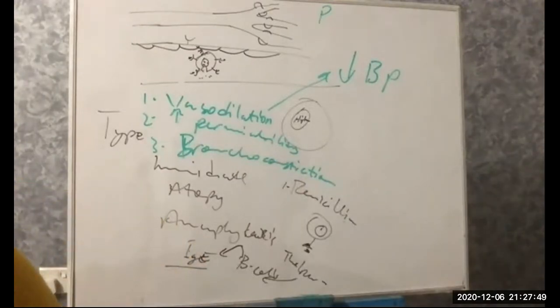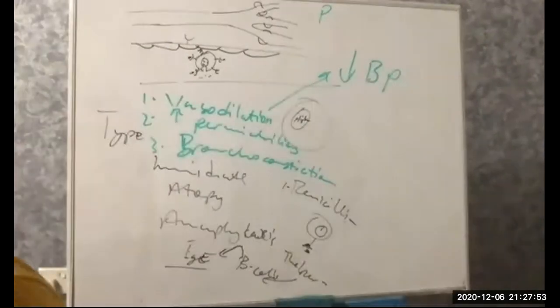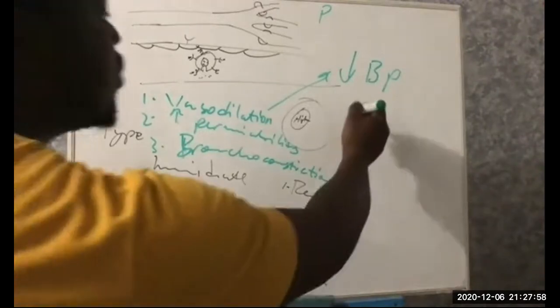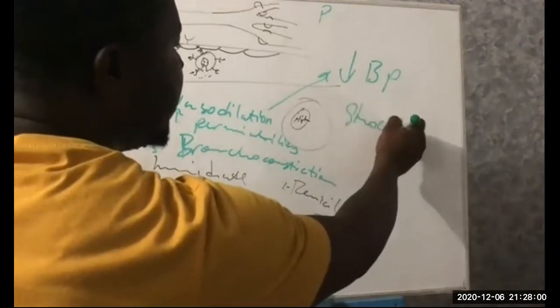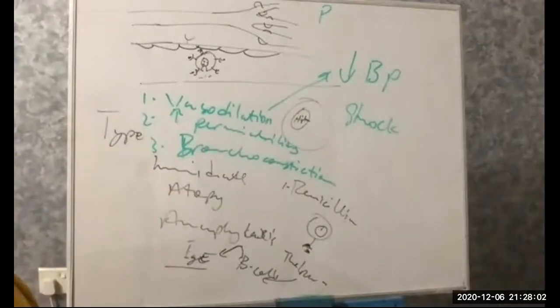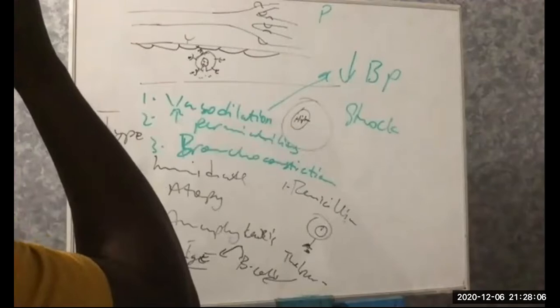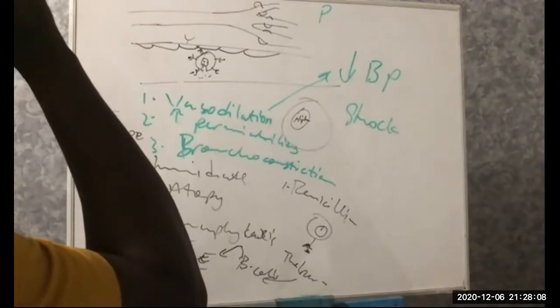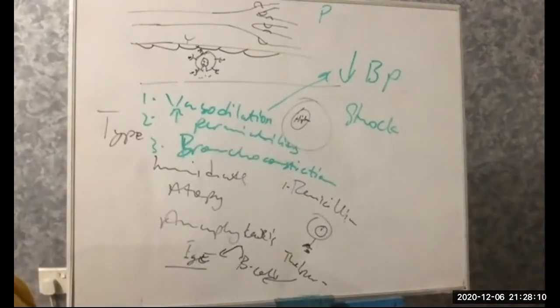The most dangerous aspect of it all is the drop in pressure. Once that pressure drops so much, it leads to what we call shock: severe hypoperfusion of all the vital organs. And that may lead to death.